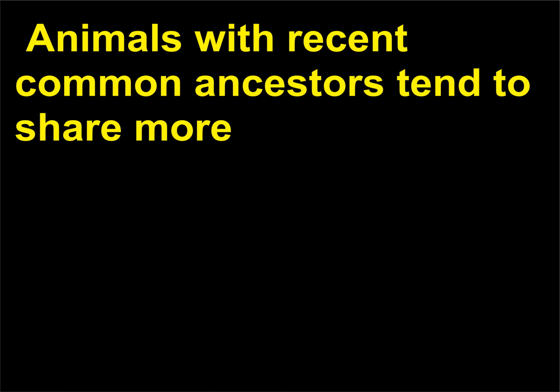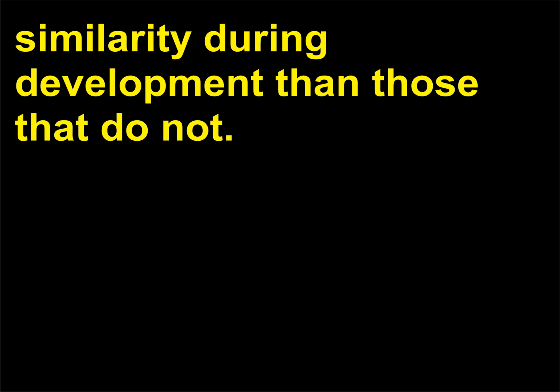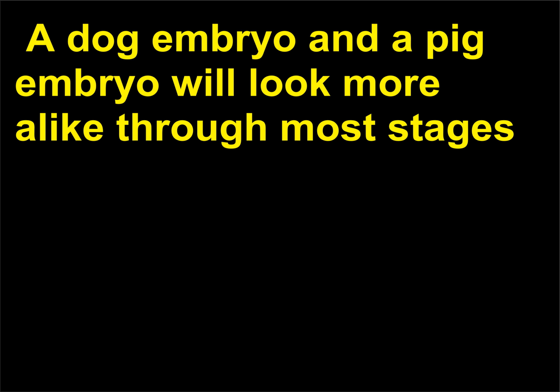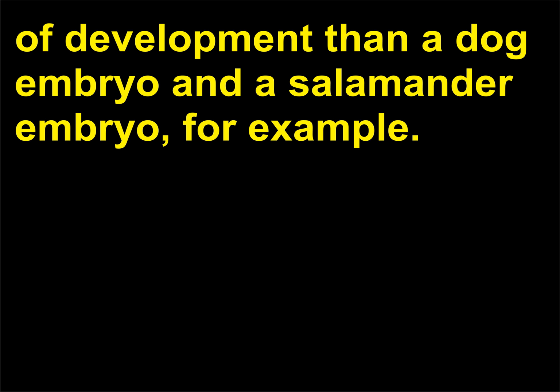Animals with recent common ancestors tend to share more similarity during development than those that do not. A dog embryo and a pig embryo will look more alike through most stages of development than a dog embryo and a salamander embryo, for example.